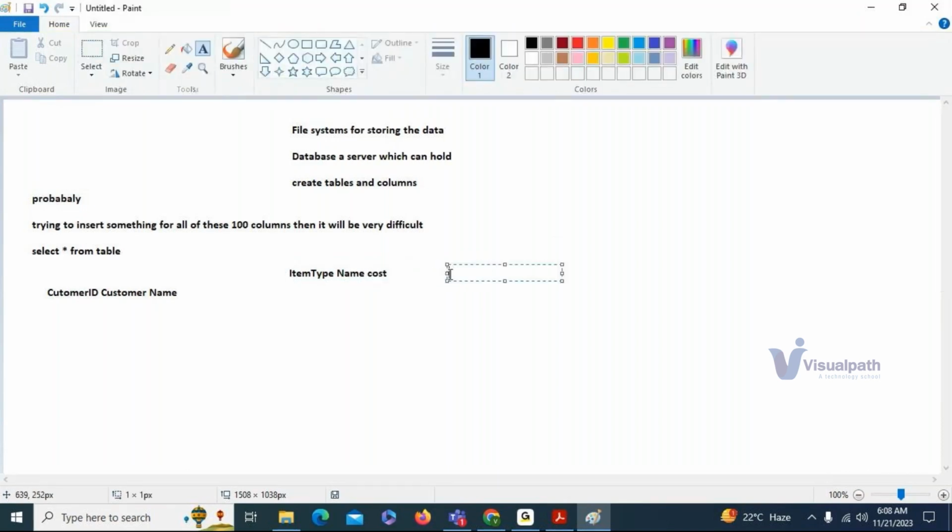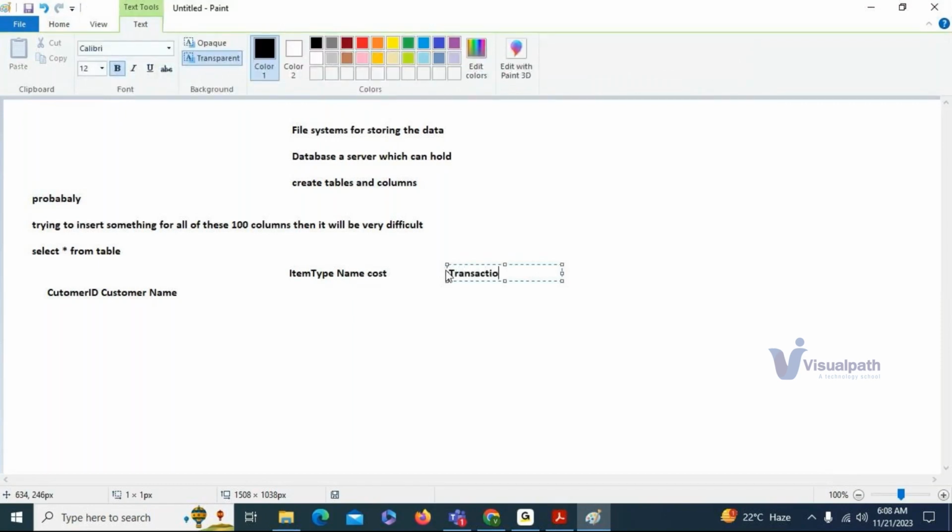Then the transaction table will have a reference to only customer ID, item, and then the quantity. Then it comes to the cost.